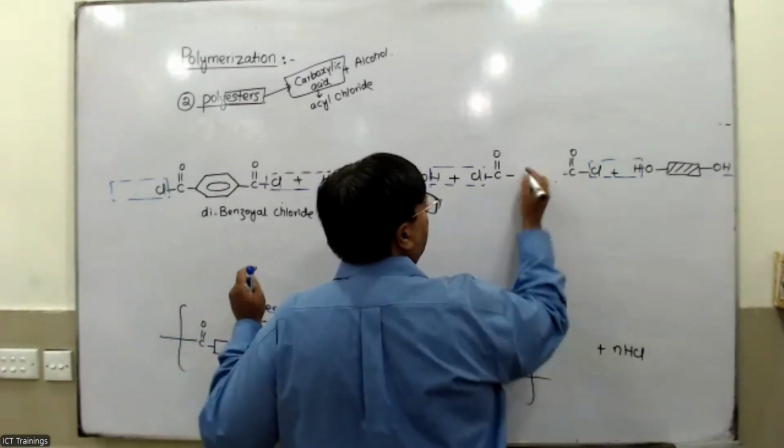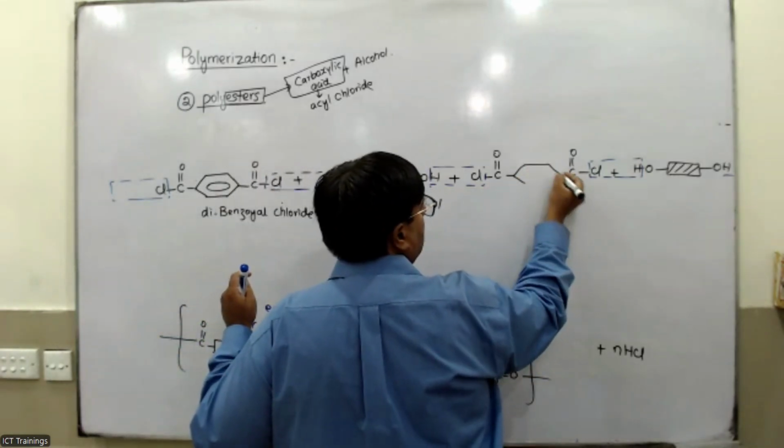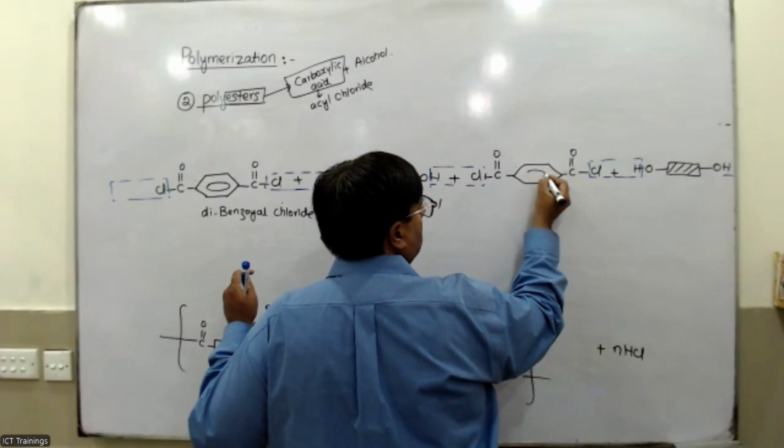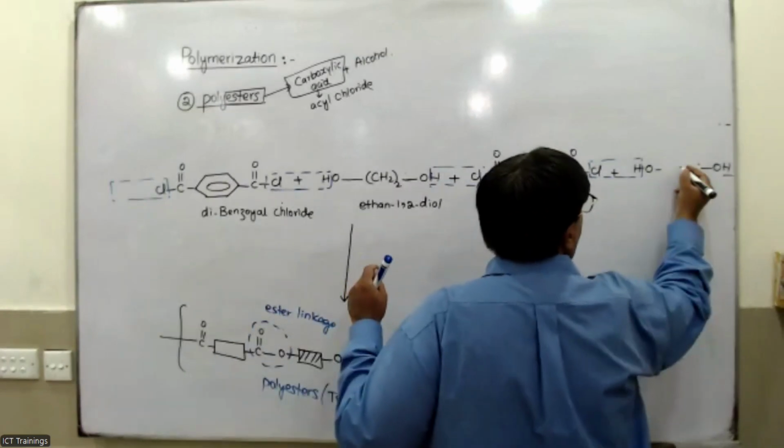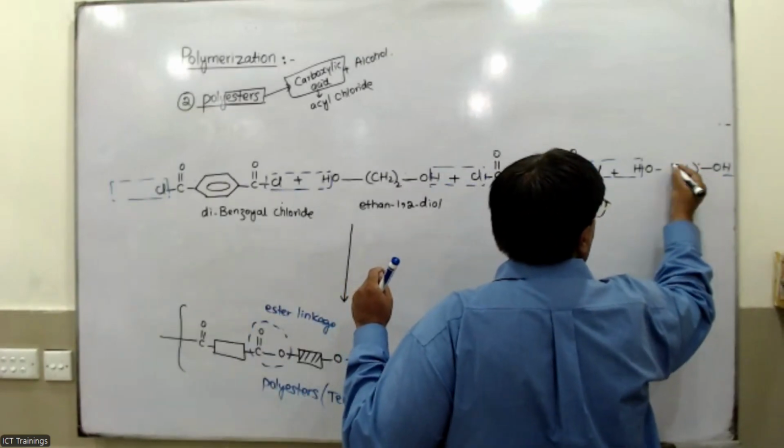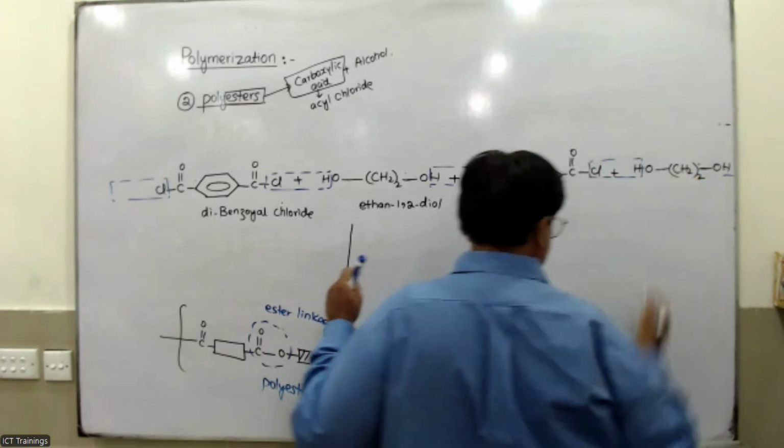Here we get again benzene, and here CH2 two times, like that.